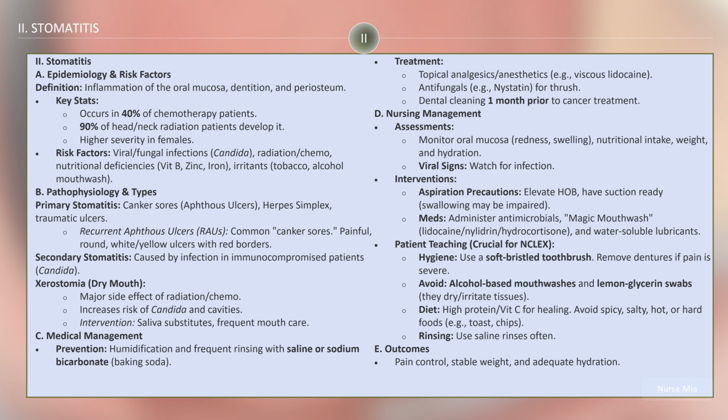Remove dentures if pain is severe. Eat foods high in protein and vitamin C. Avoid spicy, salty, acidic, or hard foods. The outcomes are pain control, stable weight, and adequate hydration.